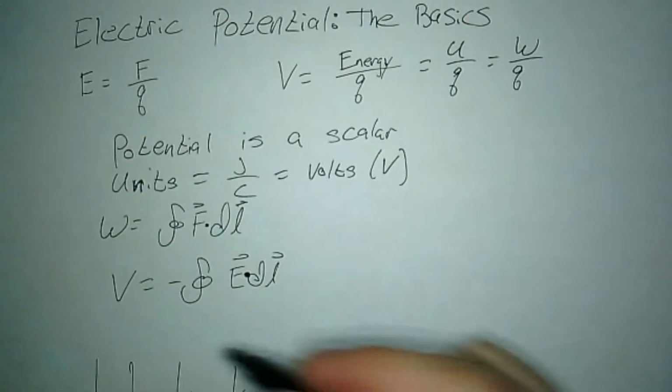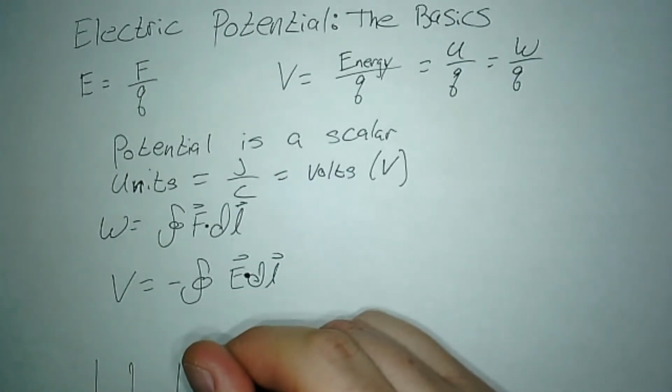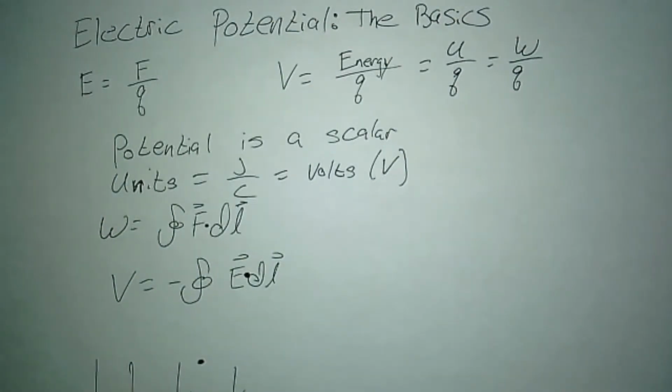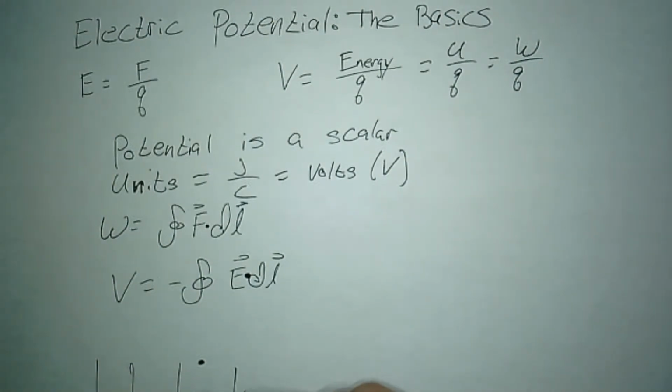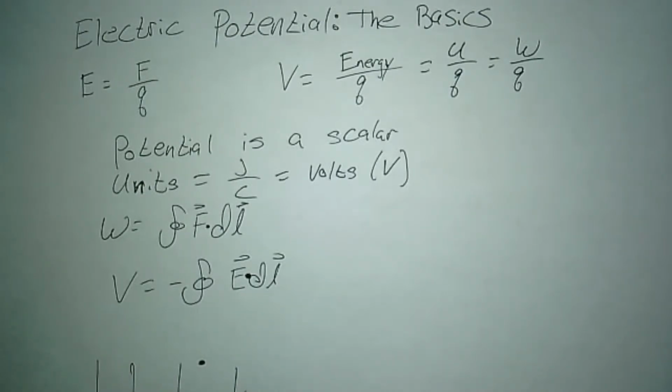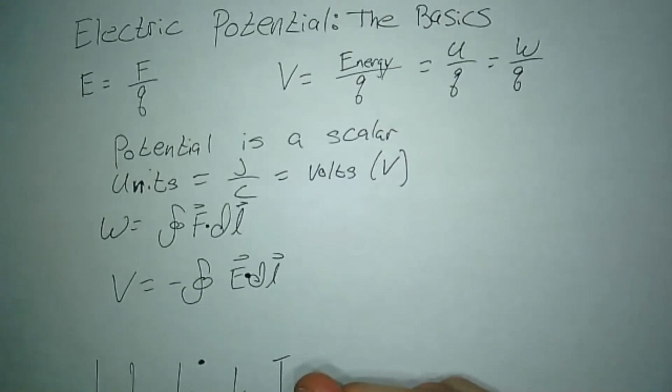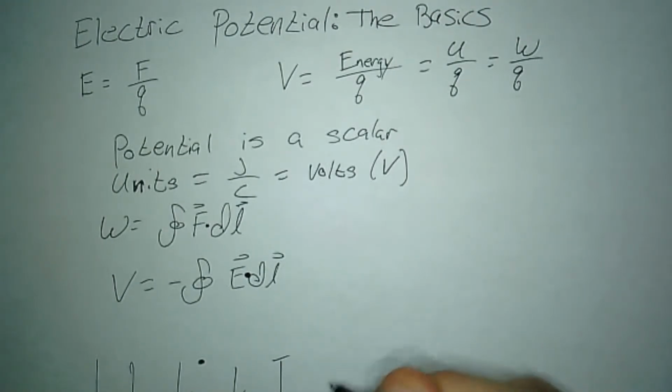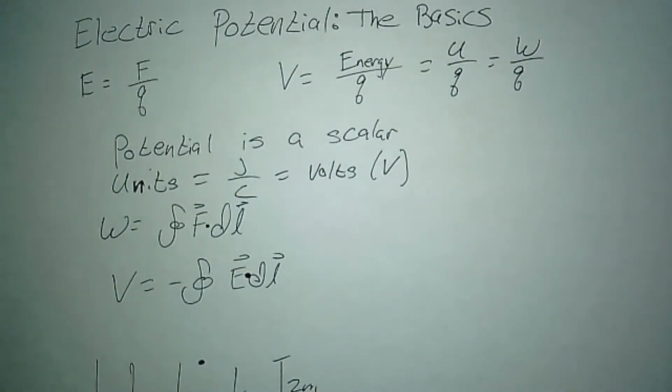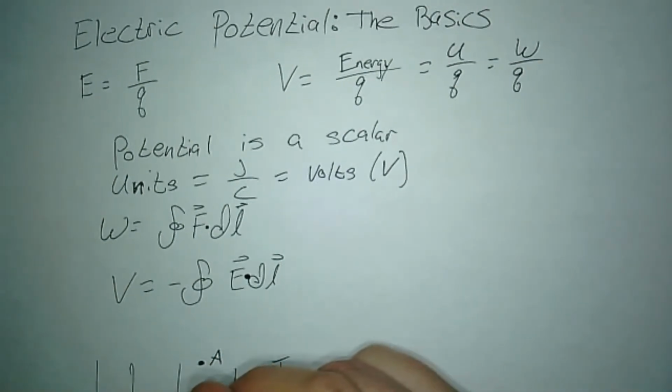So if I said what's the difference in electric potential between this point and that point, we'll say that this is 1 meter above the plane, and we'll say that's 2 meters, just to mix it up, between the two points. So we'll call this A and B.